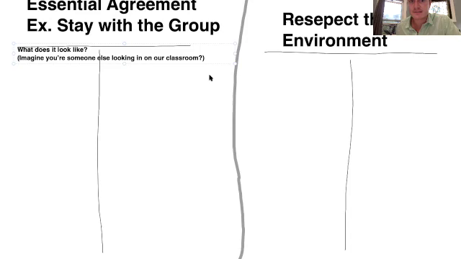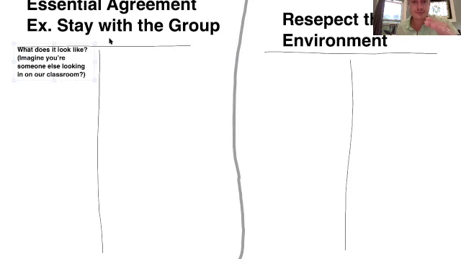You're a guest speaker and you come in and you see all these kids and they're all just staying with the group. They're really good at staying with the group. What would someone from the outside in see us doing? How would they know that this group of students is very good at that essential agreement? Okay, remember, you're going to do this for all 6 essential agreements.